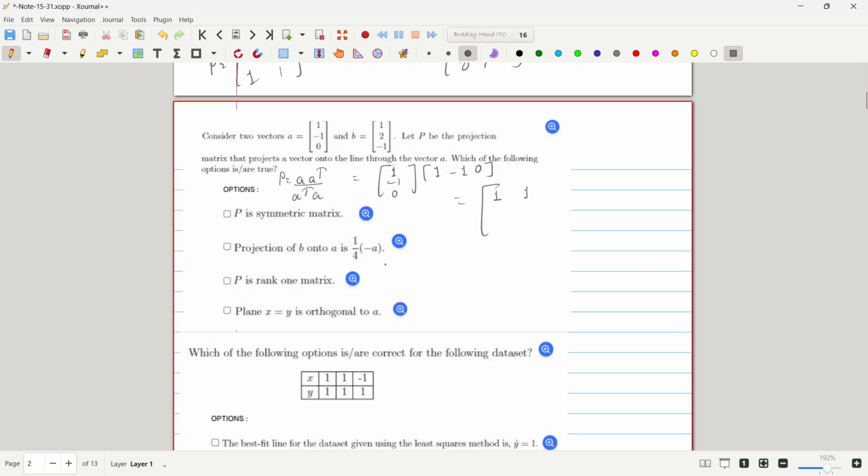Minus 1 into minus 1, that is also 1. 0 into 0. So that is the 3 cross 3 matrix. This is 3 cross 1 and this is 1 cross 3. So I should get a 3 cross 3 matrix.